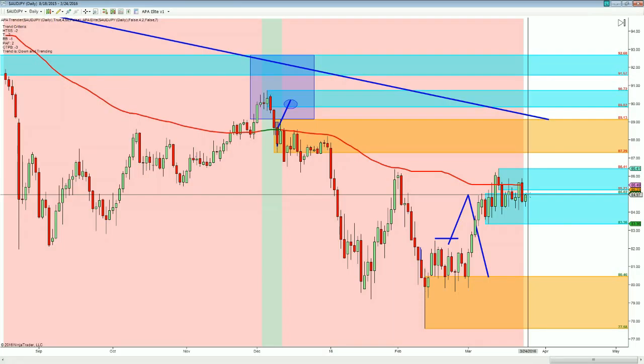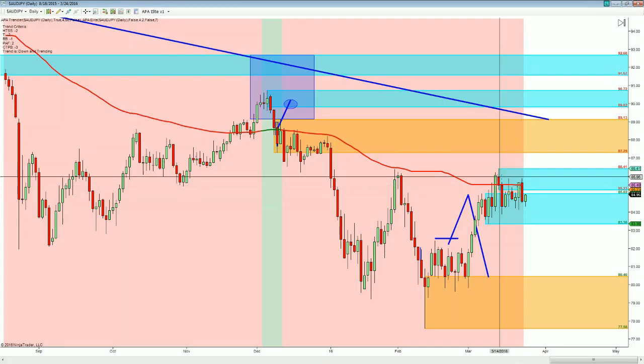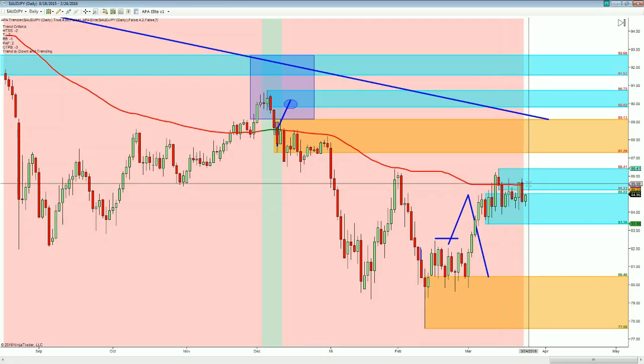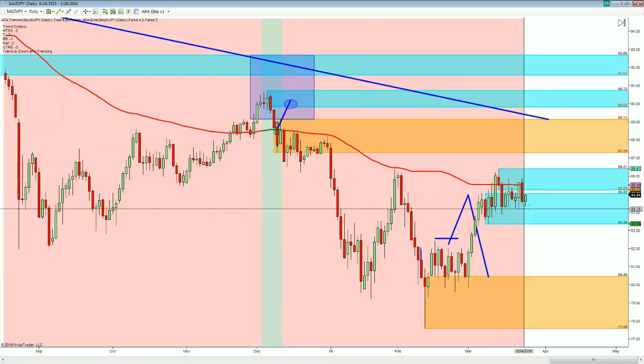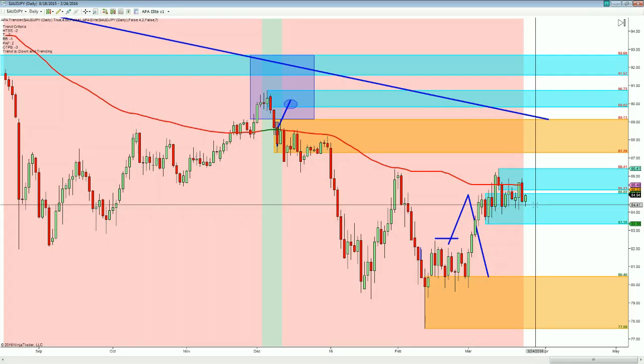It's kind of hard to say, but if you feel it's going to pop to the downside in a trend follow method, you might want to try to take a short up in here in this range, in the top of the range. If you feel it's going to continue up, you could play the up move out the demand zone down here.